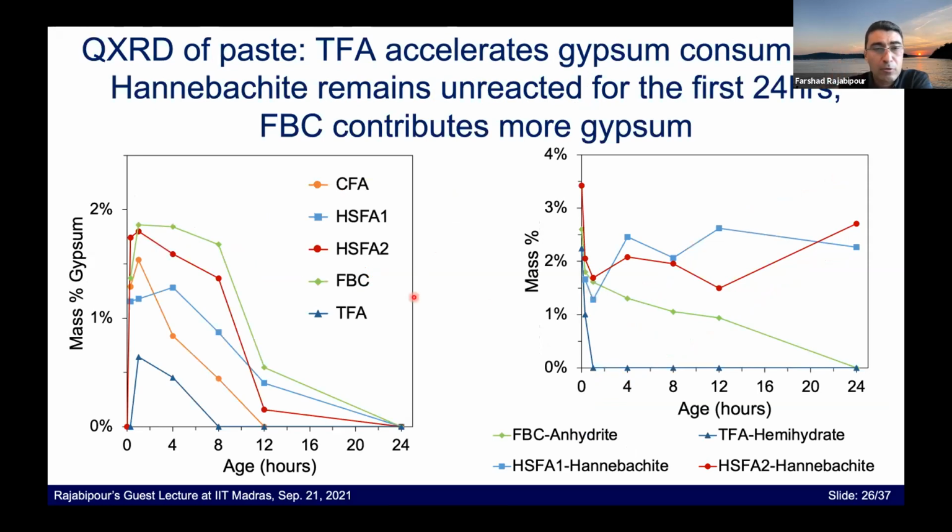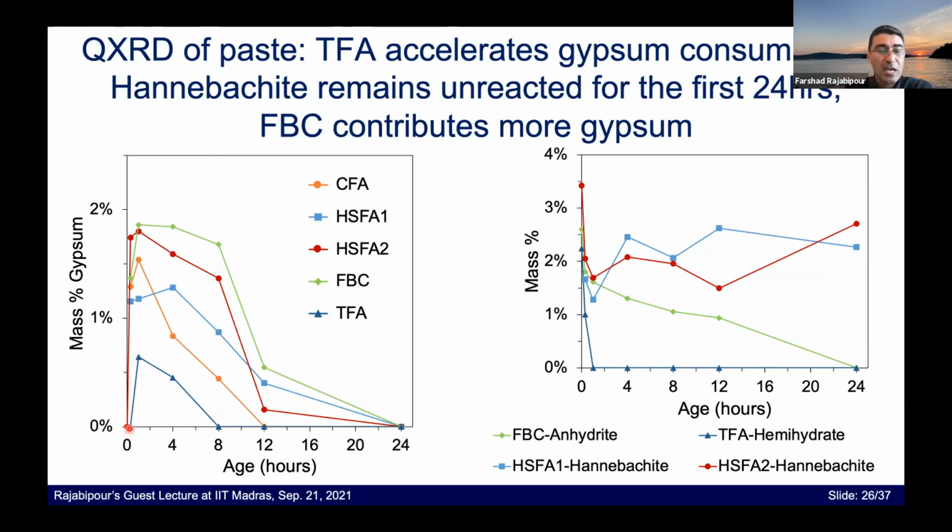Also, here we're looking at some gypsum and other sulfur-bearing phases in the system. The graph on the left shows the gypsum content as a function of time. The Portland cement that was used contained hemihydrate as the form of sulfur in it, and this hemihydrate was hydrated to gypsum.